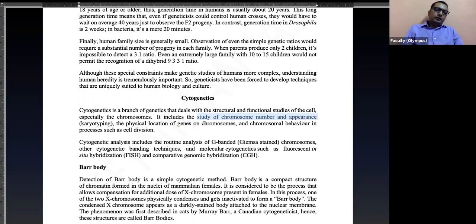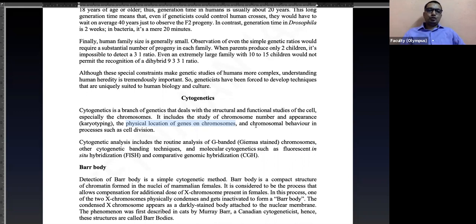The second part is the physical location of genes on chromosomes. What is that method called? We already learned about that method. Finding the physical location of genes on chromosomes is gene mapping, right? So that is knowing the location of the genes.